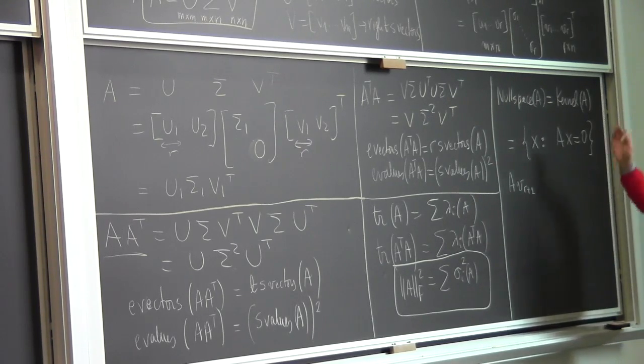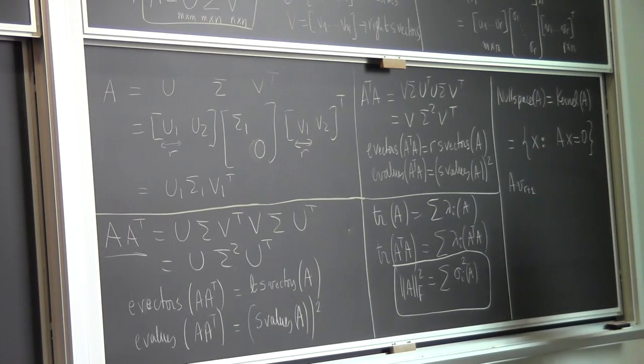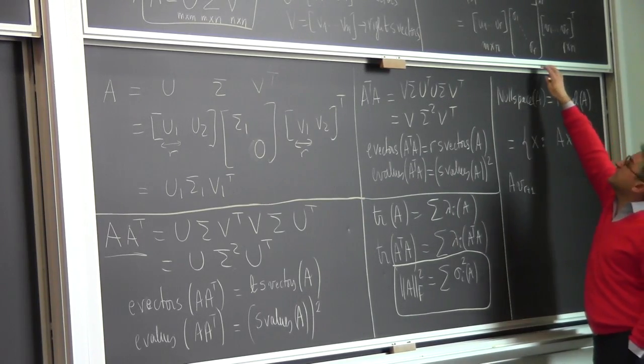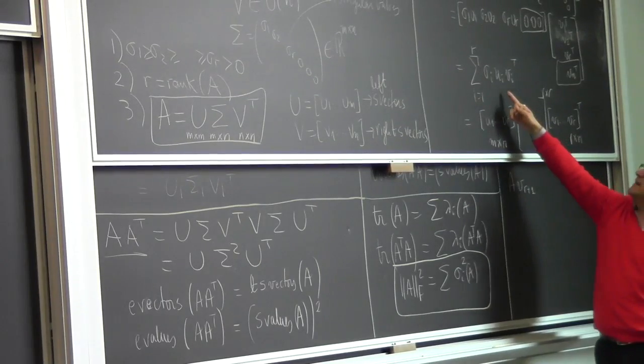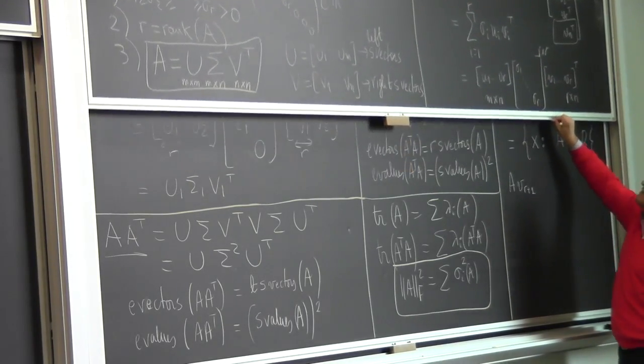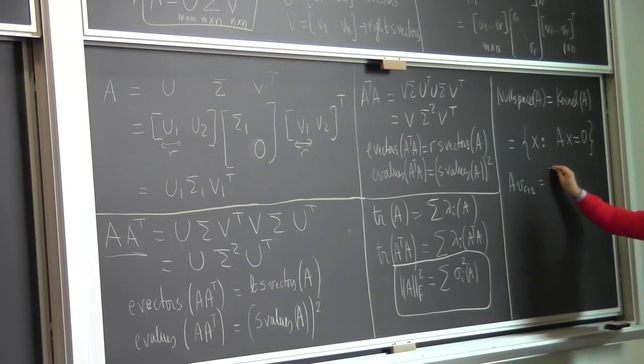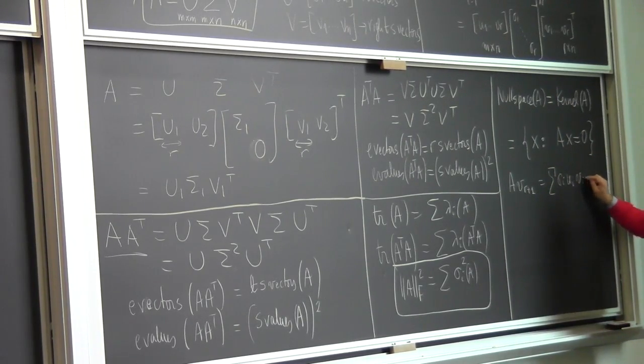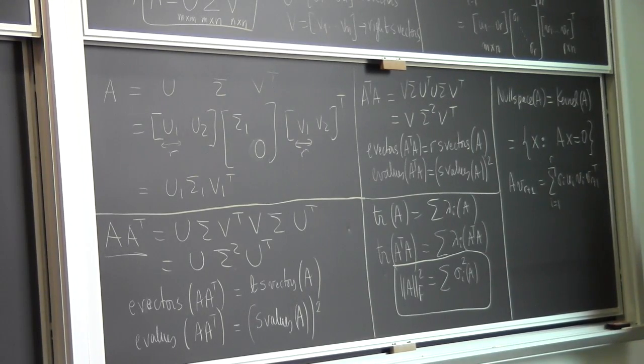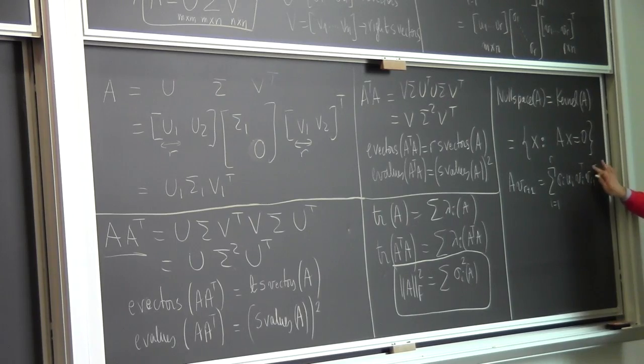Well, by definition of V, what happens to all of the columns of the V matrix? They are all orthogonal to each other. Look at the A matrix, what is here. At the end of the day, it's only that. So let me just substitute that. This is going to be the sum of sigma i, u i, v i, and now I have v r plus 1. And i goes only from 1 to r.